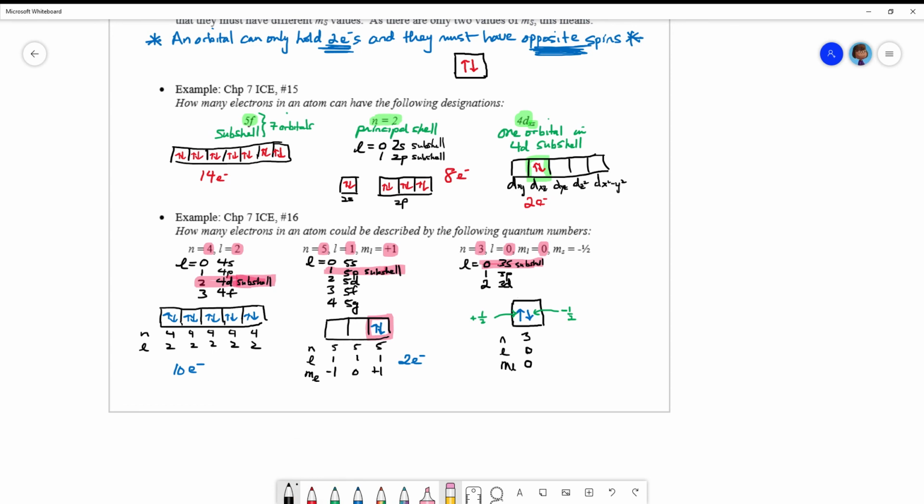And this here is their m sub s value. In this case, m sub s is specified as -0.5. How many electrons have all 4 of these quantum numbers? Well, there can be only one, and it's this electron by itself. So the answer here is just one electron has these 4 quantum numbers.